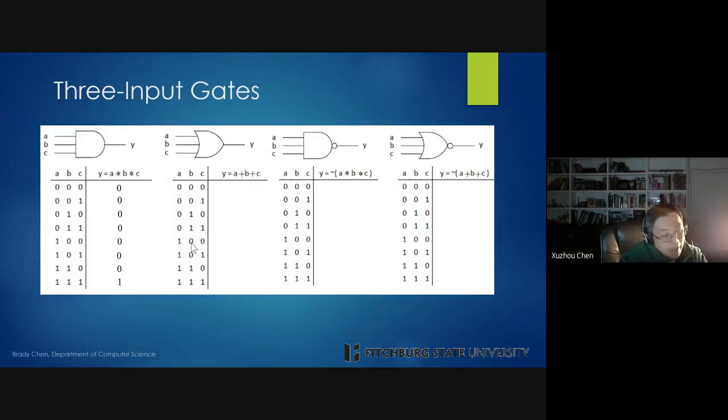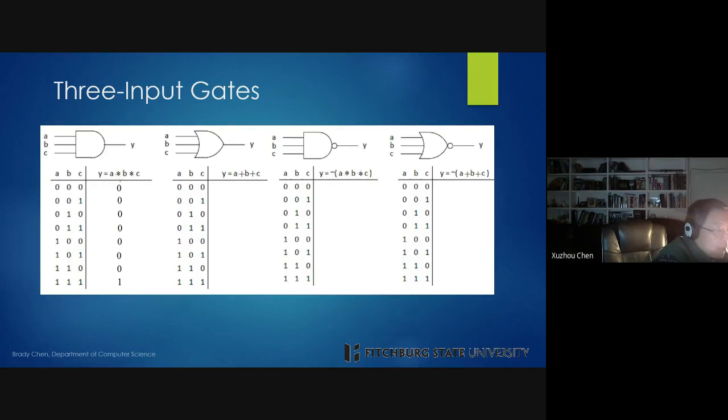Now we also have some other gates. These gates have 3 inputs and one output. We will find out that these 3-input gates can actually be built easily using 2-input gates. But because they're widely used, we use a dedicated symbol to represent a 3-input gate.